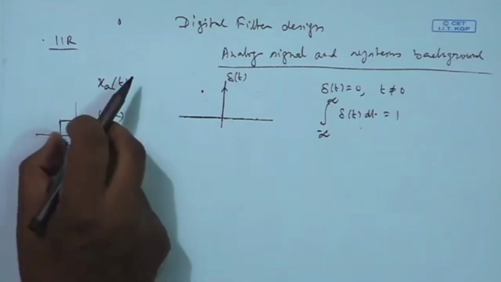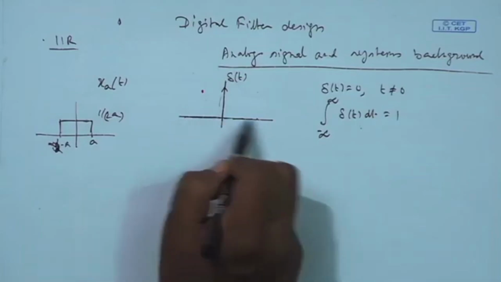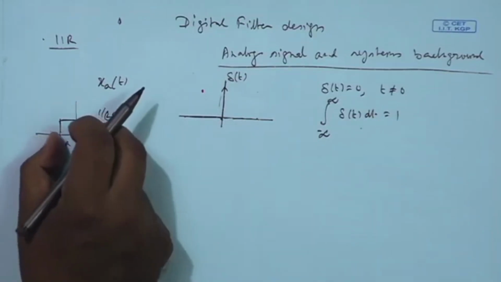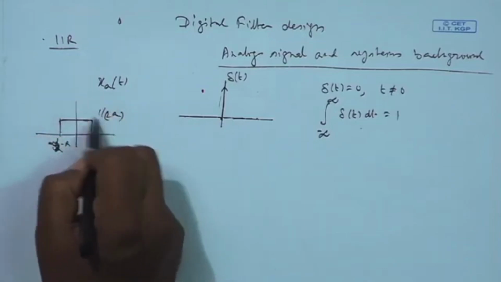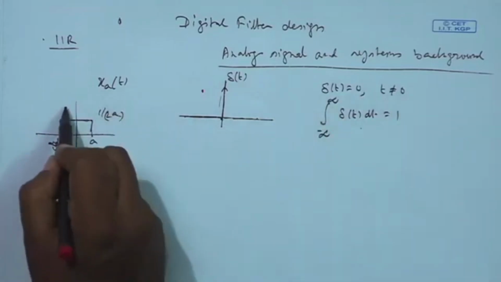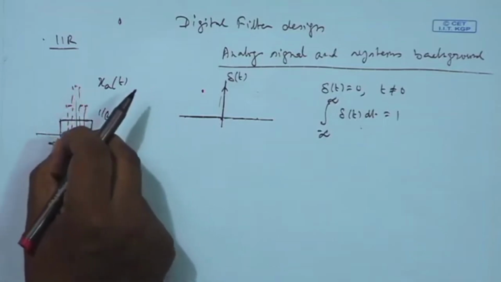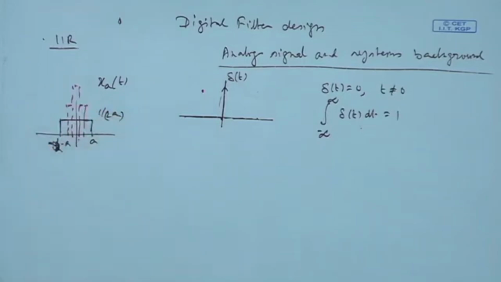Now I want to make this width smaller and smaller, because outside this interval it is 0 everywhere. So this has to be made thinner and thinner, but as A decreases, 1 by 2A increases. Finally, it will squeeze to 0 and shoot to infinity. In the limiting sense, area will be 1.